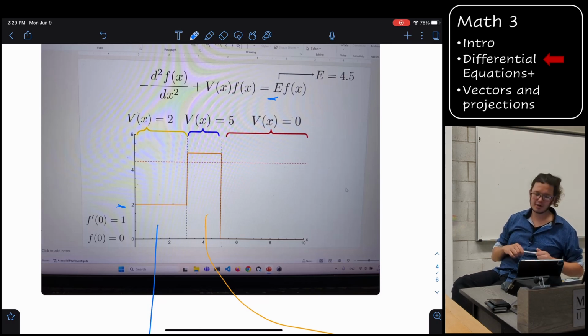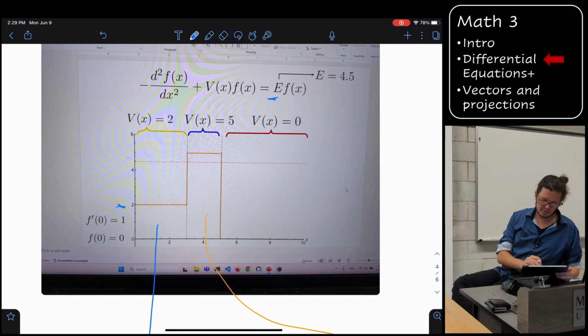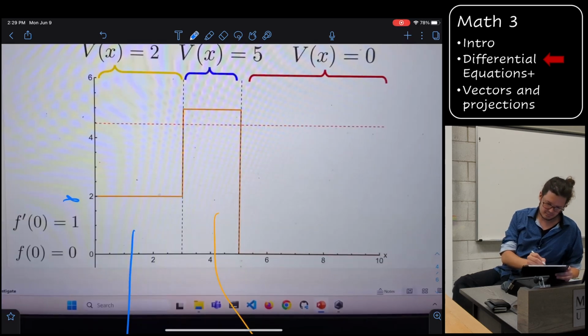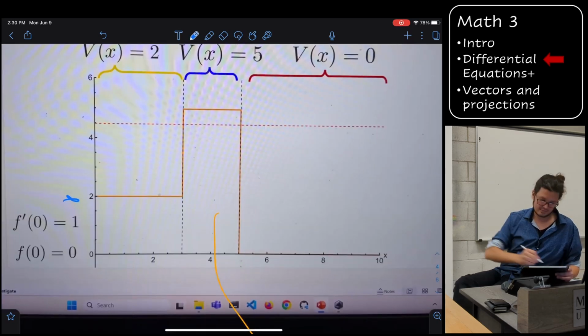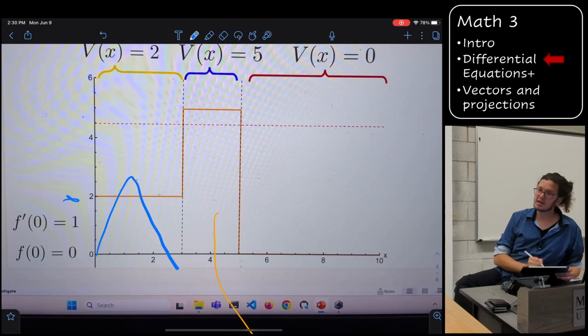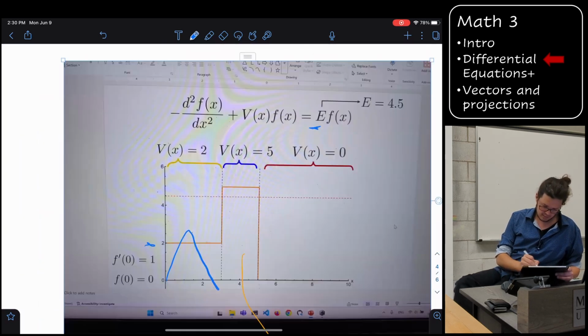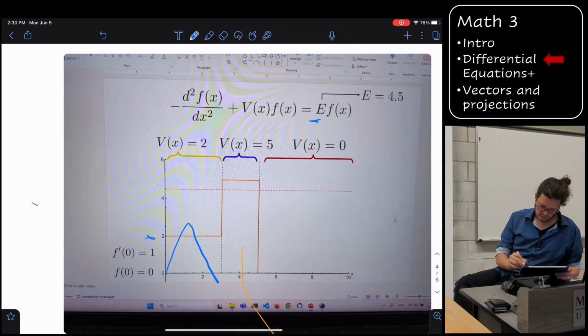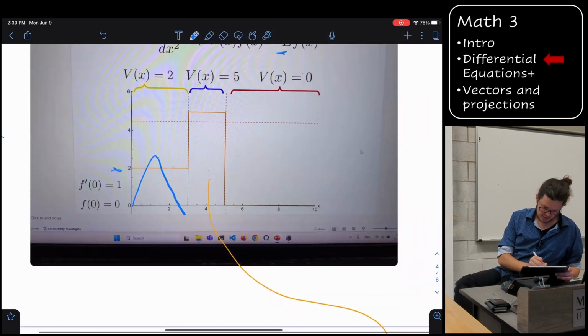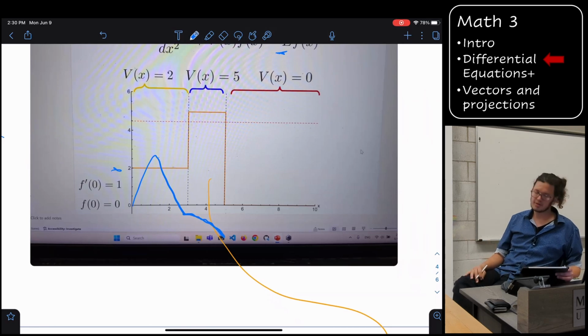So if you had to draw a function, how would the function in region 1 look? Sines and cosines. How would the function in region 2 look? Well, some exponential, some exponential growth in some sense. And how should the solution look outside?